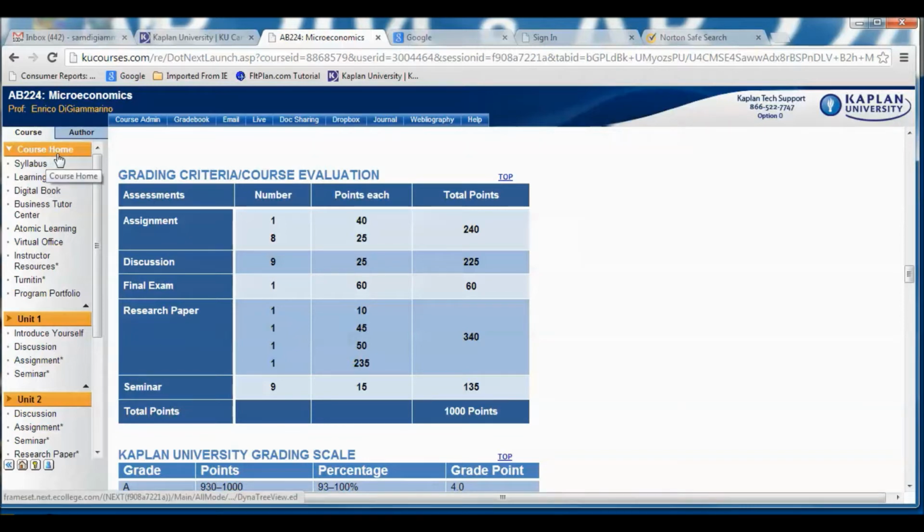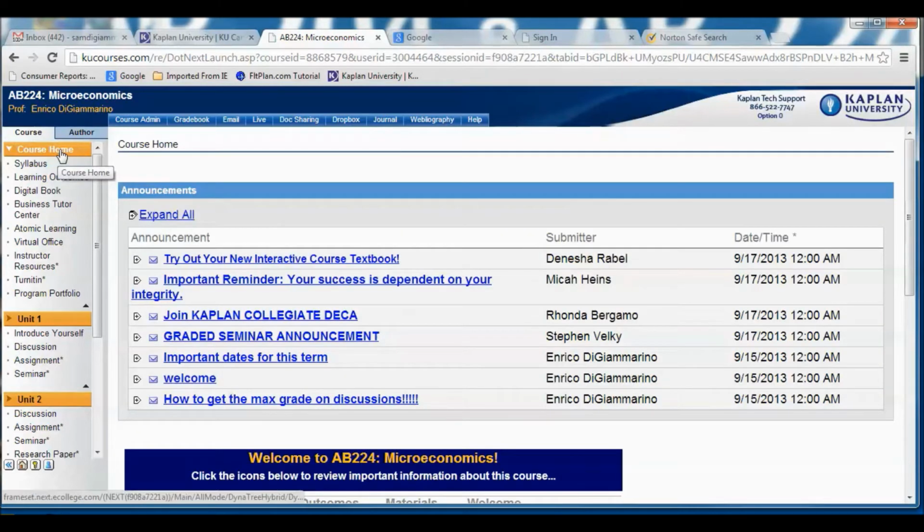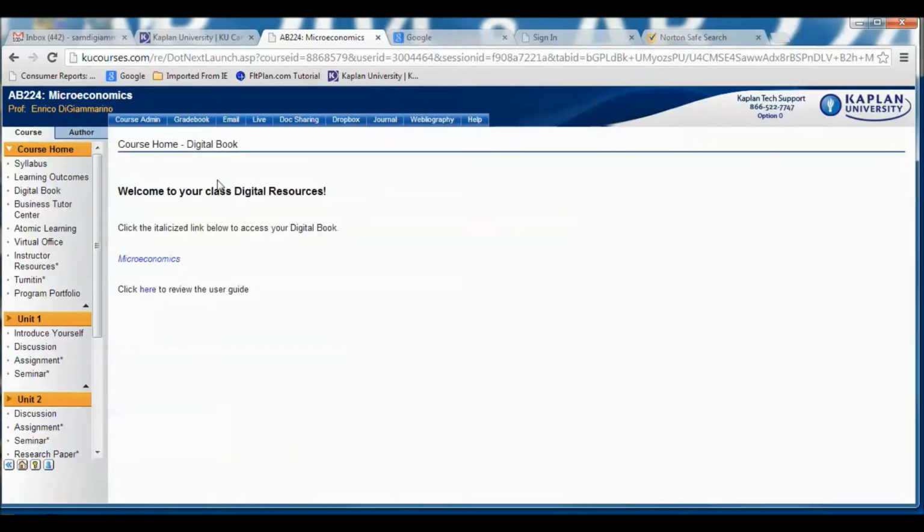While we're here at the course, let's go back to the course home. Okay. So we talked about the syllabus, we talked about the study schedule. What about your textbook? Where is the textbook? Well, notice over here we have what's called digital book. Okay. When you click on the digital book, it tells you that this is the microeconomics book, and that information, by the way, was in your syllabus.